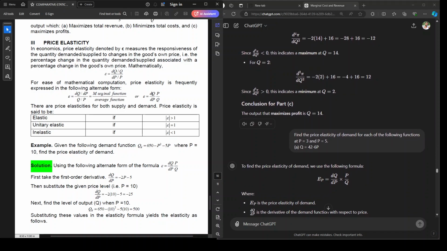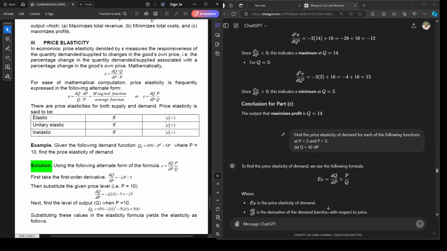And what is price elasticity? We are saying it is the measure of responsiveness of quantity demanded or supplied to changes in the good's own price. How does the change in the price of the good show how people respond to buying or supplying it?